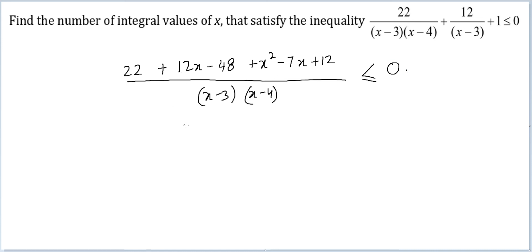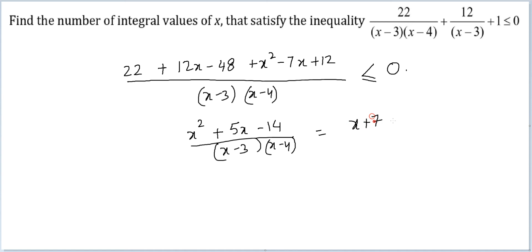If I were to cancel stuff out, at the top I'd get x square plus 5x, 22 plus 12 is 34, minus 40, by x minus 3 and x minus 4, and this will simplify to x plus 7 into x minus 2 upon x minus 3 and x minus 4.